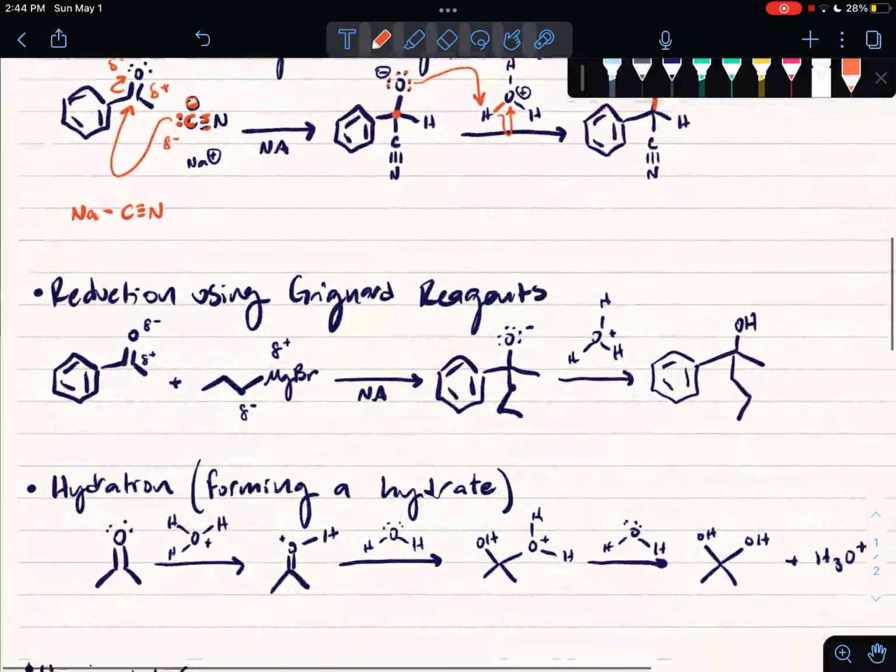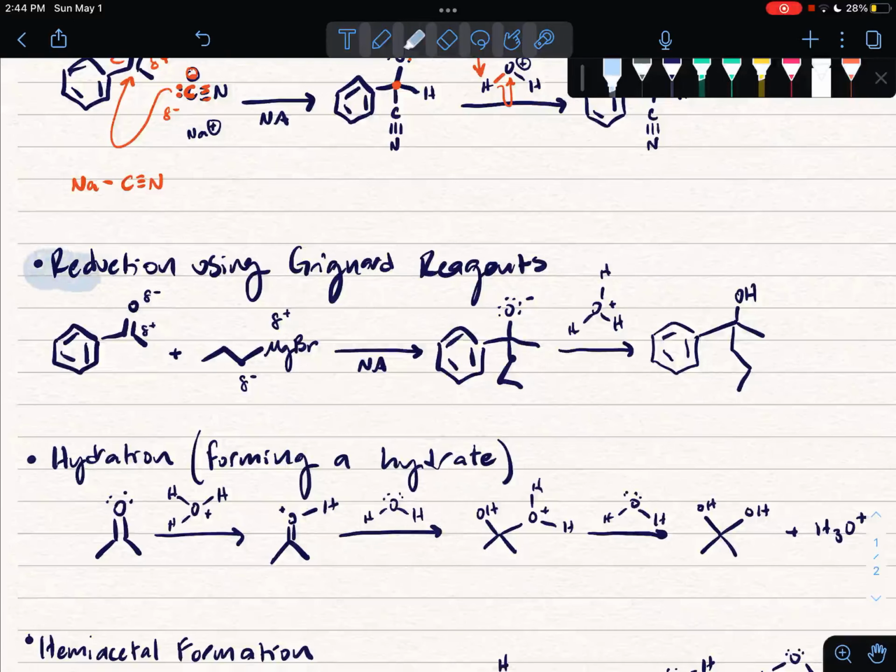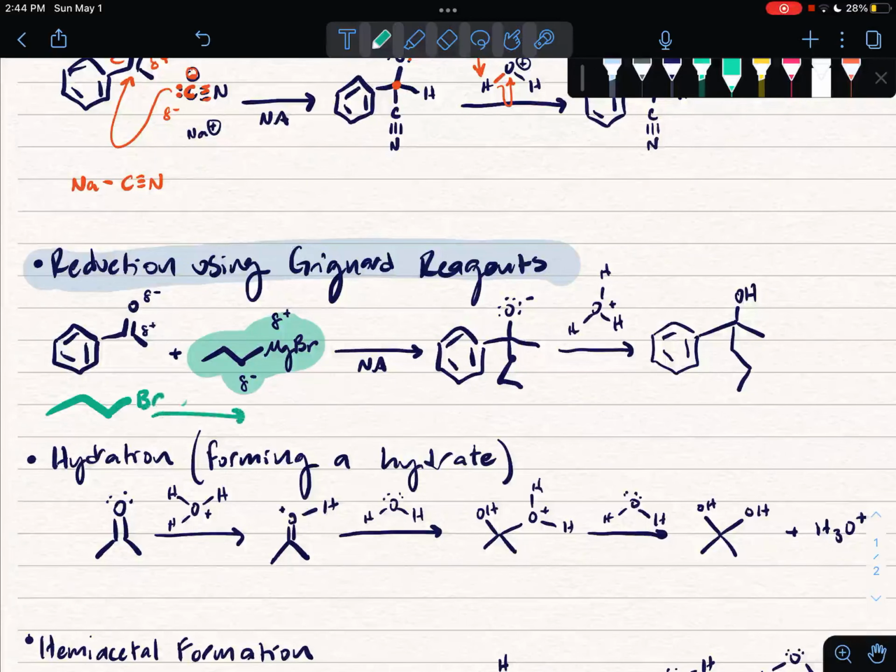Next, let's talk about reduction using Grignard reagents. So first, I think we need to talk about how we formed our Grignard reagent. The Grignard reagent is this right here. A really good way to show this is by doing this: magnesium and ether.